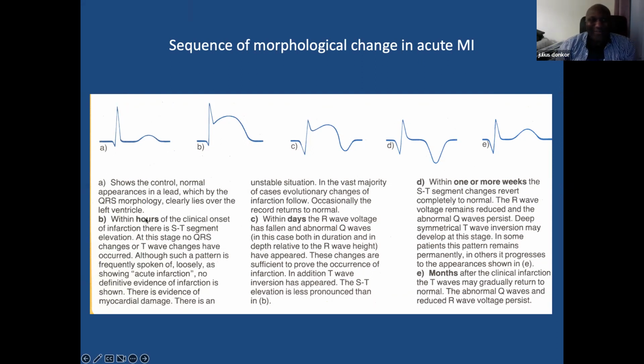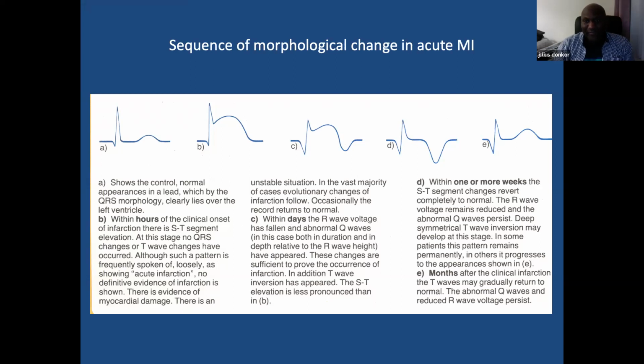So within hours, you can see STEMI there, ST elevation there. The QRS hasn't changed much. And then from days, you can see how the Q wave becomes a little bit more exaggerated. And the ST is still there, but it's morphing into a T wave inversion.